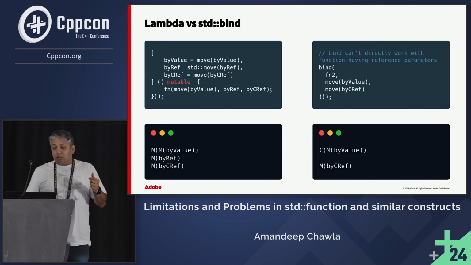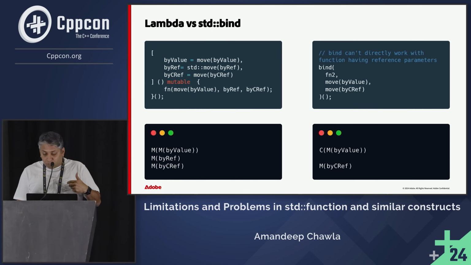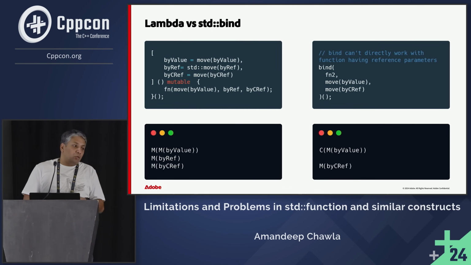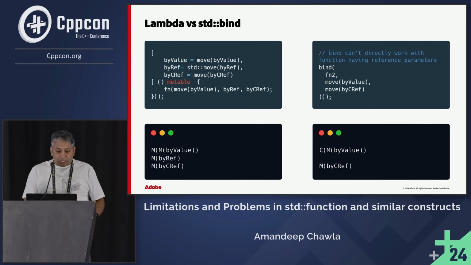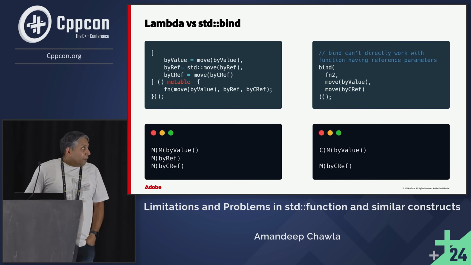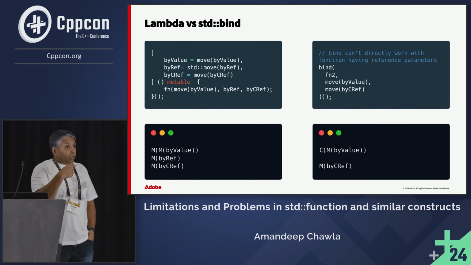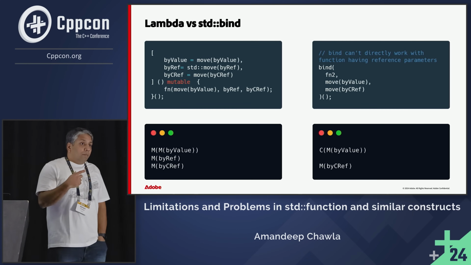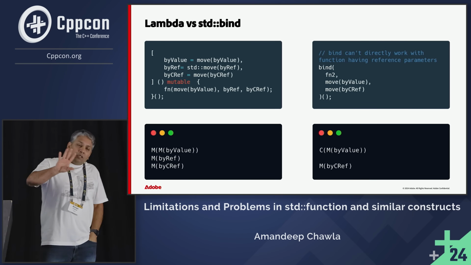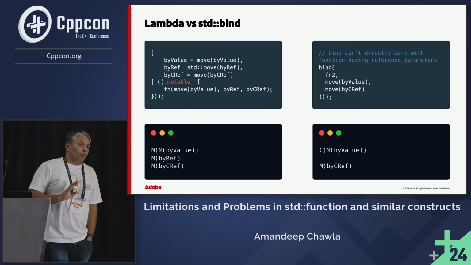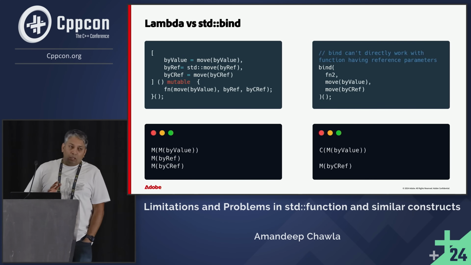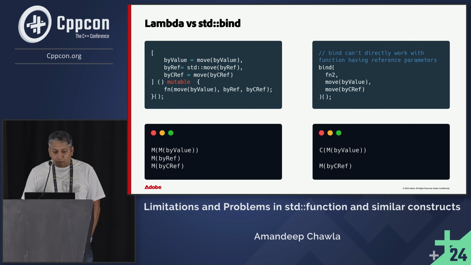So standard bind has this issue that it unnecessarily creates a copy, even though it has an actual instance with it and no longer wants to use it. Might be it's because we can call this bind, whatever it returns, multiple times, but there is no way where I can say that this is the last time I'm calling this construct, so please move the things rather than making a copy of the things I have passed to you. So be careful with this if you are using bind in your code.